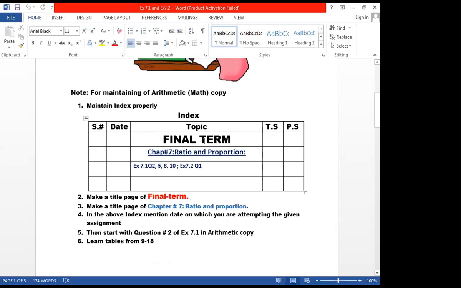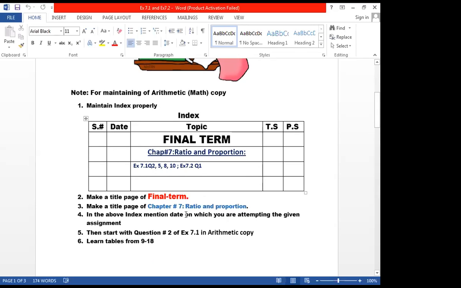You have to start with the final term, write down final term first, then write down the chapter heading, then write down exercise 7.1. Please mark down the question with me, I'm telling you. From page number 110, mark down the question 2, 5, 8, 10. And from exercise 7.2, question number 1.